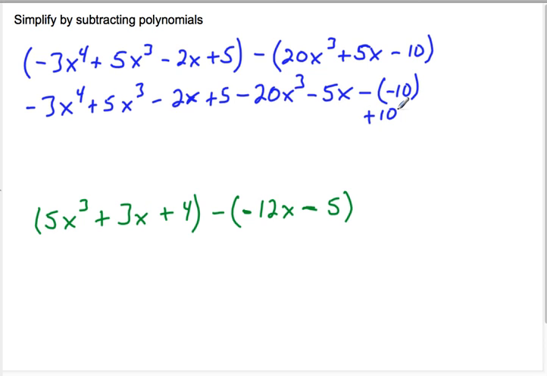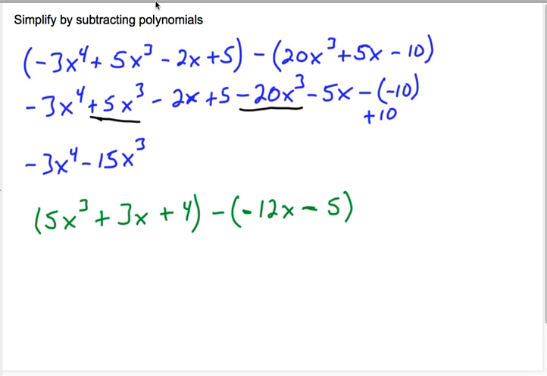Now we're just going to combine any like terms. The negative 3x to the fourth is the only exponent with a 4, so we can leave that by itself. Now we have a positive 5x cubed to go with a negative 20x cubed, so that's going to end up being minus 15x cubed. And I don't see any x squareds.